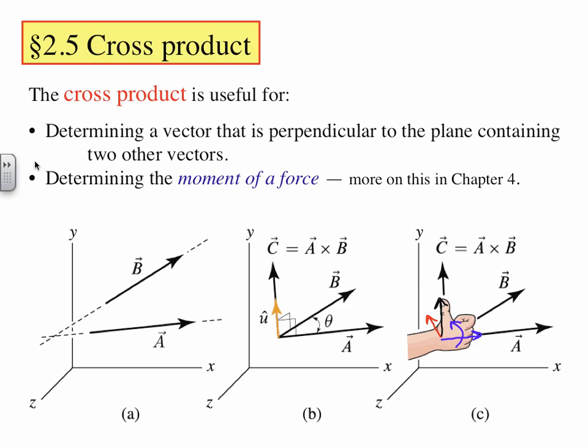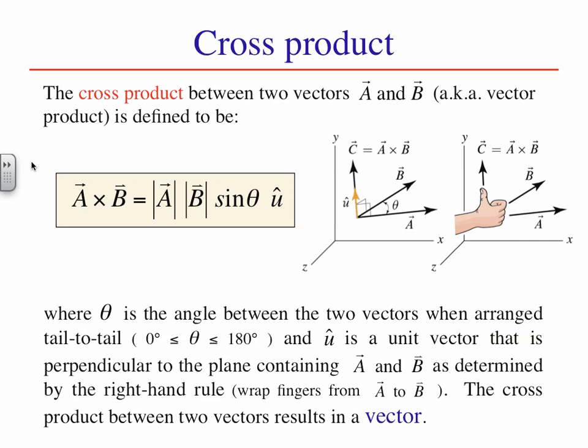If the body is unrestrained, the moment of the force imparts rotation about the axis aligned with C. For this reason, the cross product is especially important in a body's rotational dynamics. The vector product A cross B is defined to have a magnitude formed from the product of the magnitude of A, the magnitude of B, and the sine of the angle theta formed by placing A and B tail to tail.